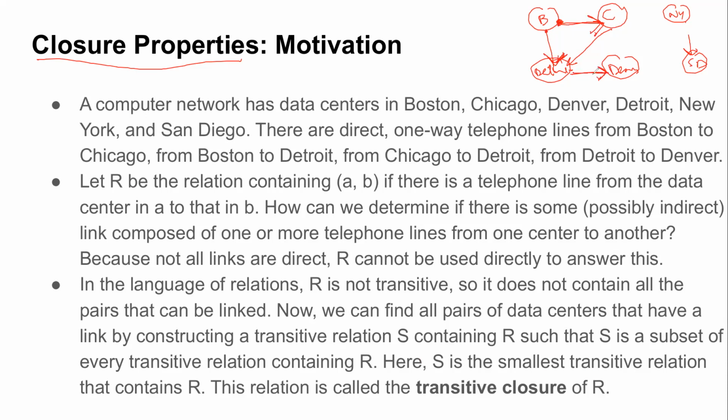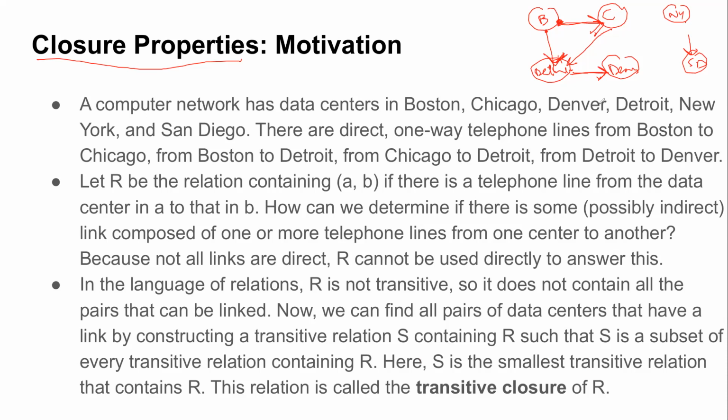Now suppose I ask you a question. Let R be a relation that there's a telephone line from data center A to data center B. What I'm asking is, is there some link possible between two data centers, like is there a link possible from Boston to Denver?